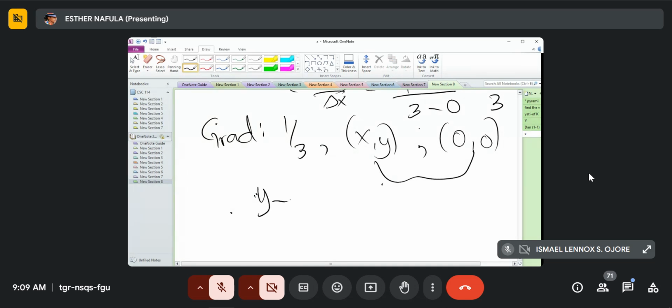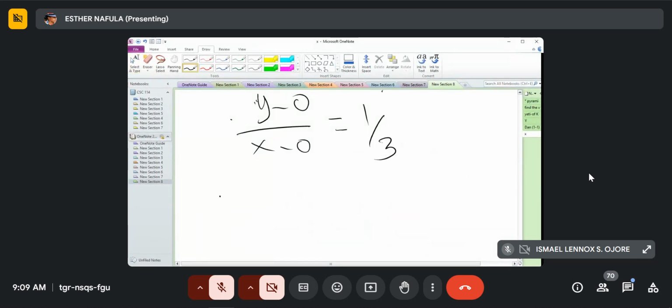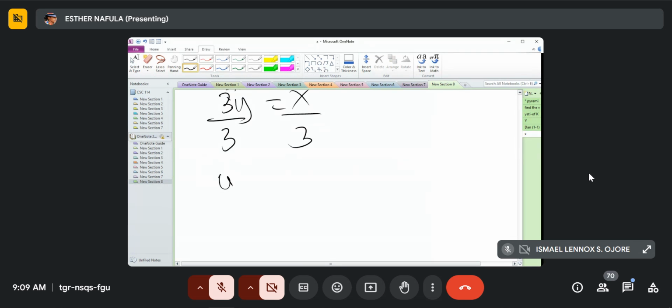So y minus 0 divided by x minus 0 should give us the gradient, but in this case, the gradient is a third. Cross multiply, you have 3y equals x. We need the equation in the form y equals mx plus c, so divide by 3. And we have the equation of this straight line is y equals 1 over 3x.